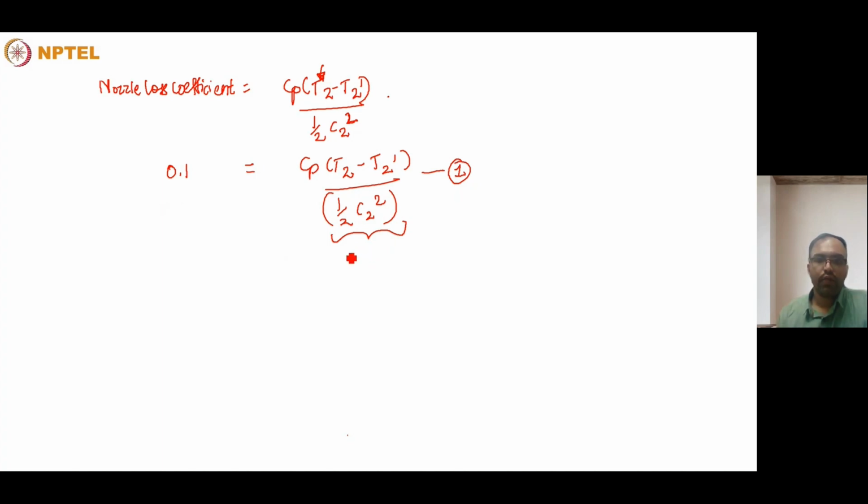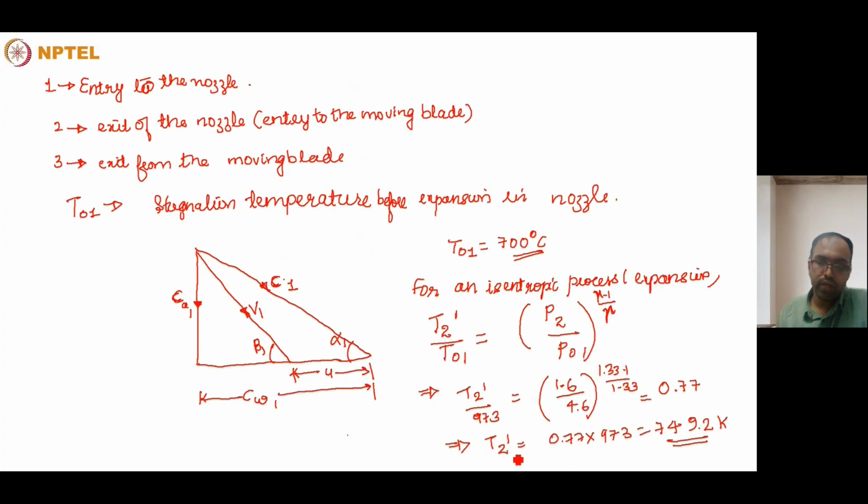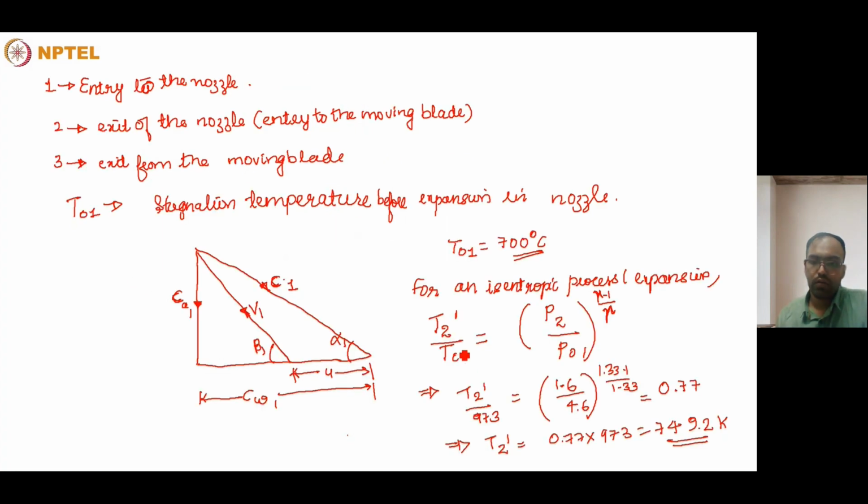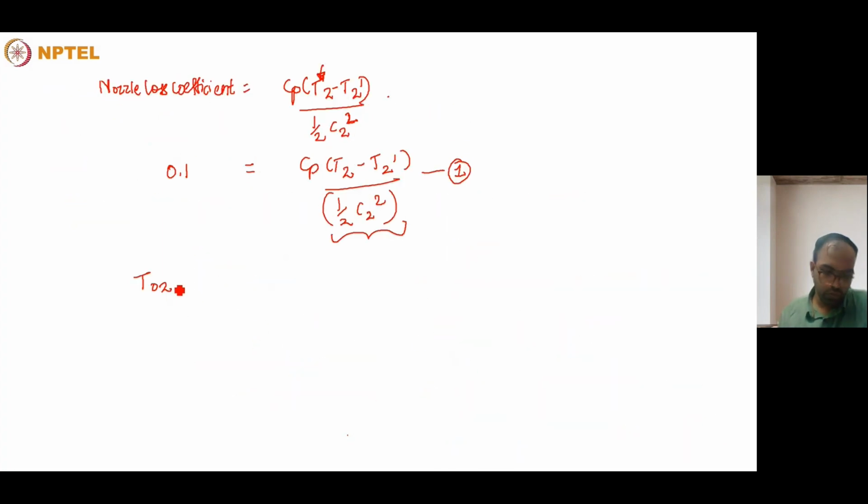We do not know the actual velocity at the exit of the nozzle or at the inlet of the blade. We can calculate this in terms of the stagnation temperature minus the static temperature. So we can represent T02. We have calculated T2 dash from the previous analysis. And we have to calculate T02.